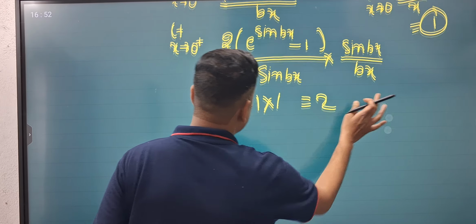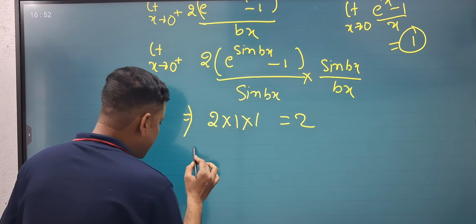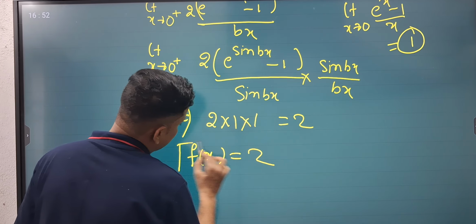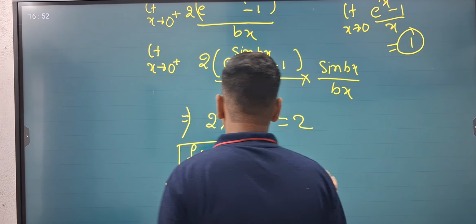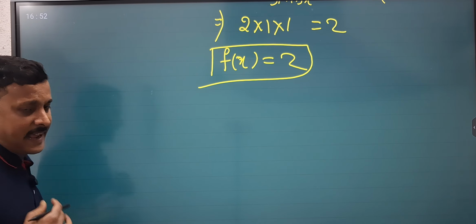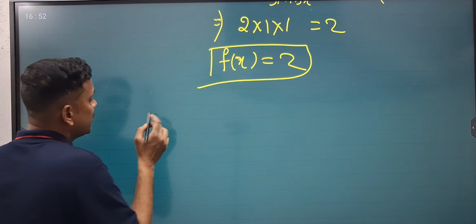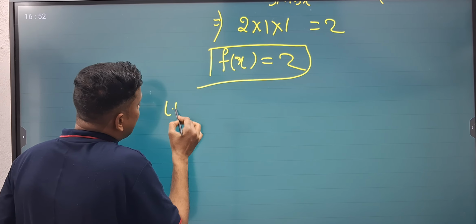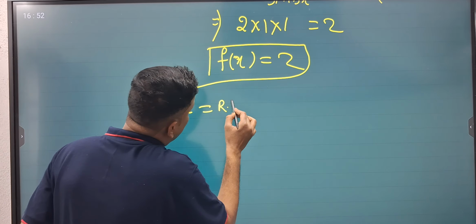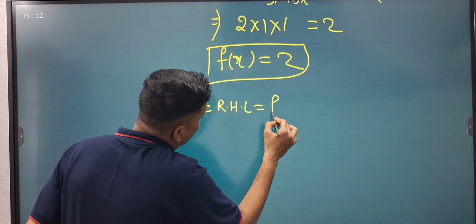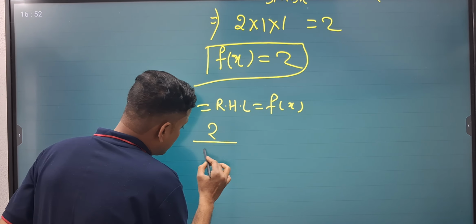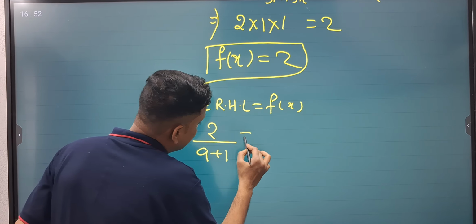And if you see the functional value, that means f of x, it equals 2. That is already given. It means the function is continuous at x equals 0. So we can write that LHL equals RHL equals the functional value. LHL, you know, you got 2 by a plus 1, and this one is 2.